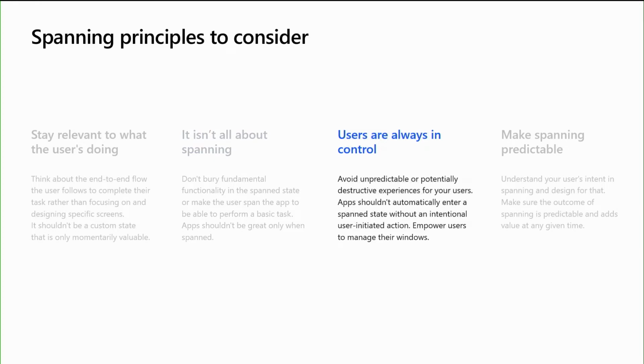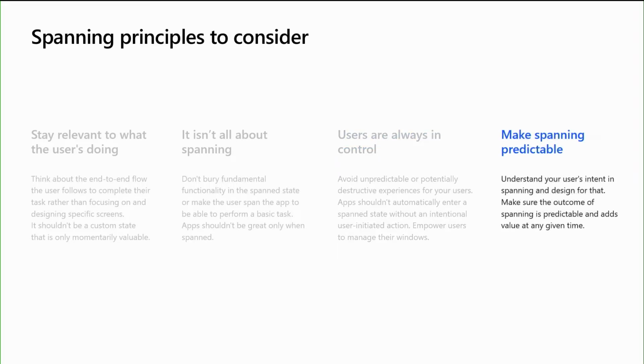Windows empower our users by giving them the power to choose. So, be sure to make your UI do something the user would expect when it is spanned and let users decide. Users might want to focus, do multitasking, or do creative things when they span their apps.